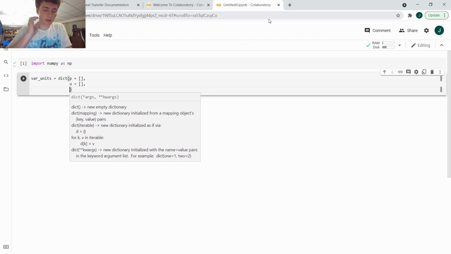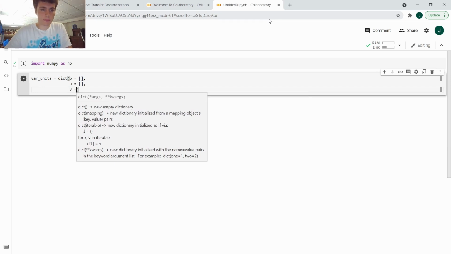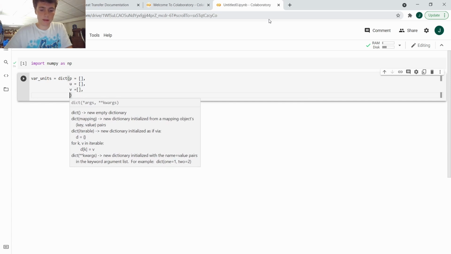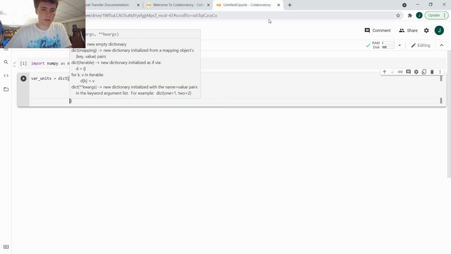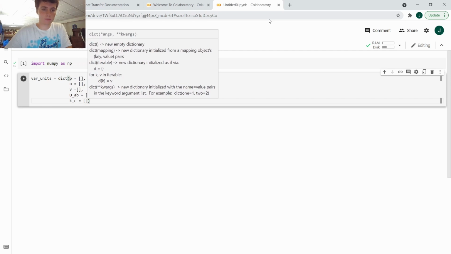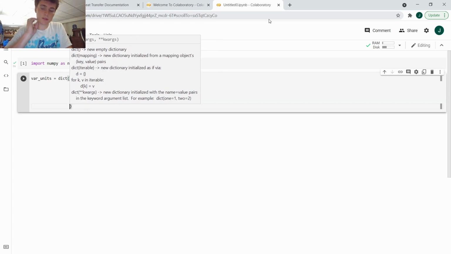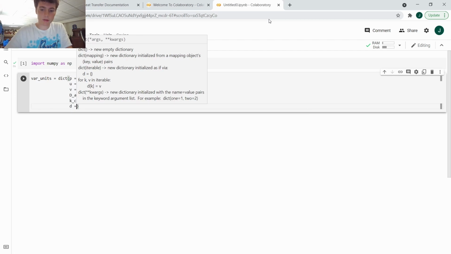I'll put the lists later. I'm just putting all the variables first. We also have the velocity of the fluid, diffusivity, the mass transfer coefficient, and the diameter of the tube.